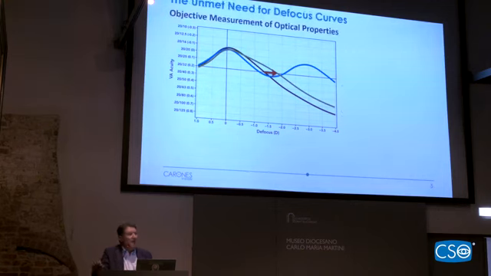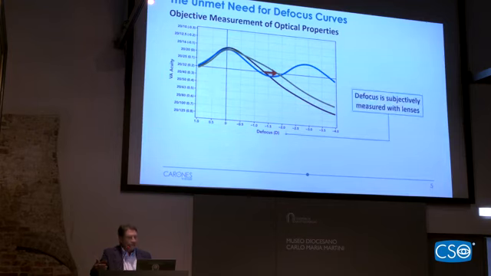What if we were able to objectively measure the optical properties, meaning without going through the subjectivity of measuring not the optics only, but the patient's additional features, like the pupil size, the light conditions when these measurements are taken, or on another side, the real distance where these measures are taken, which may be a bias as well.